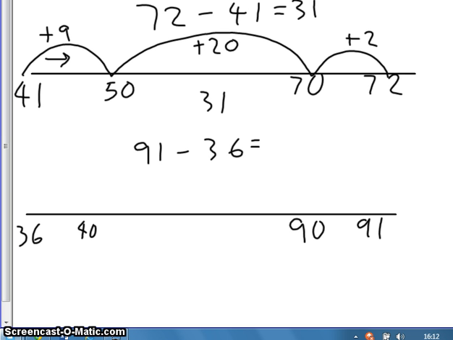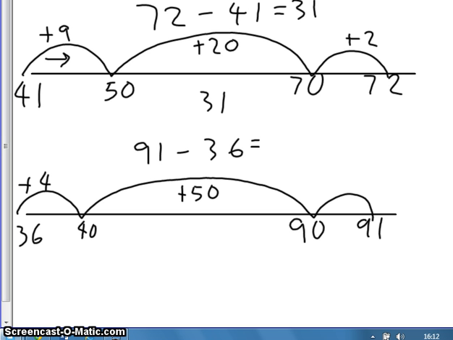Now again I start the jump. It's 40 to 90 to 91. The jumps aren't to scale. That's not the issue about how big your hops are. It's just a case of this is where I'm moving. This is a plus here, a plus here, a plus there. Here I have plus 4. Here, that's a plus 50.